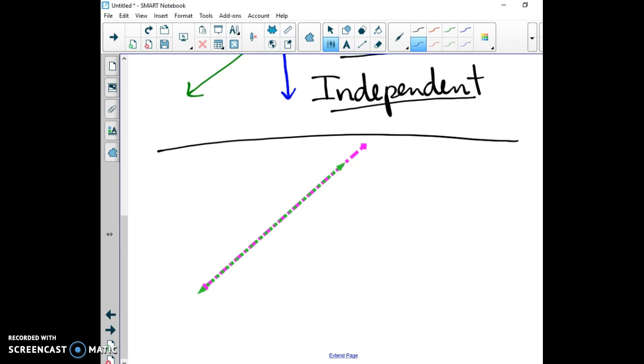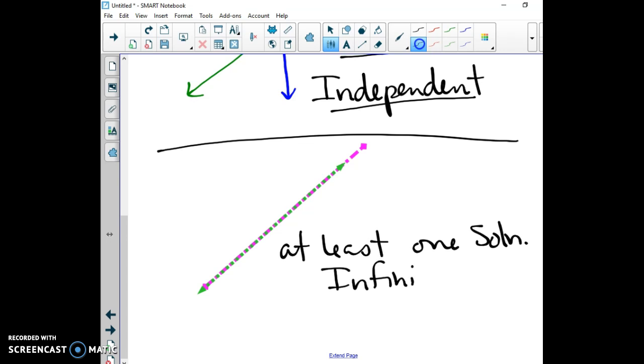In this case, we have at least one solution. Well, we have way more than that. We have infinite solutions. Infinite solutions indicates that this is consistent again. So consistent means at least one. This is a consistent system.